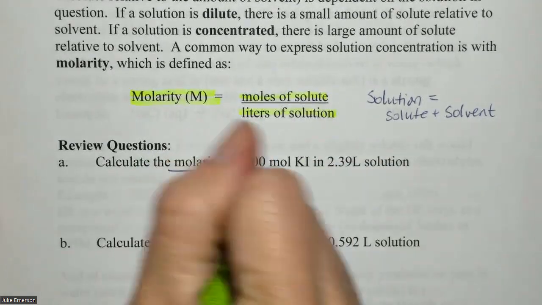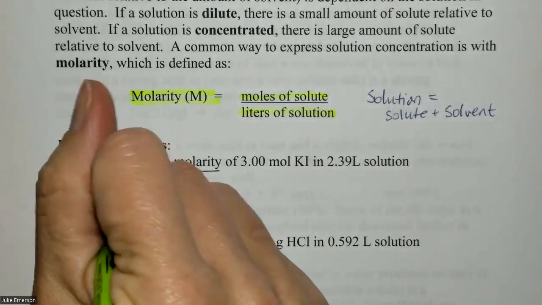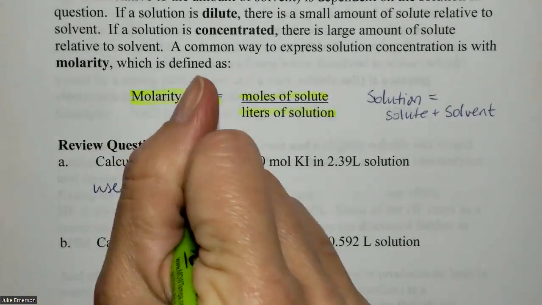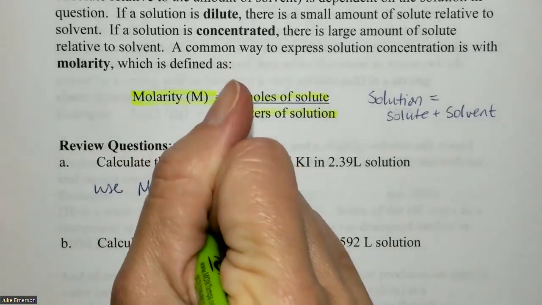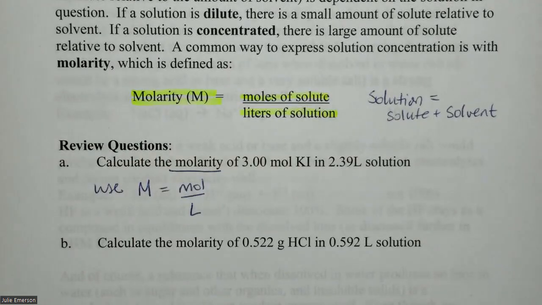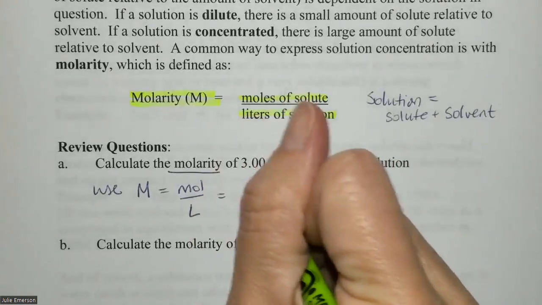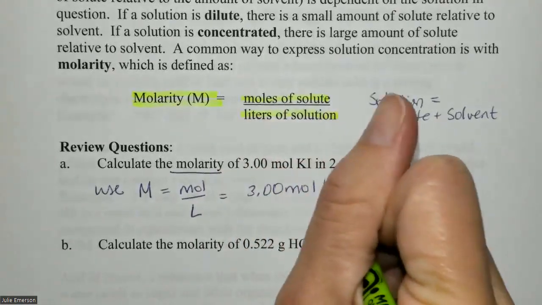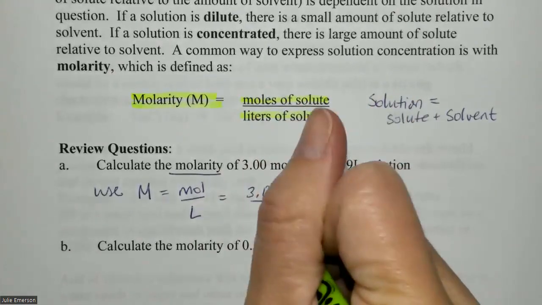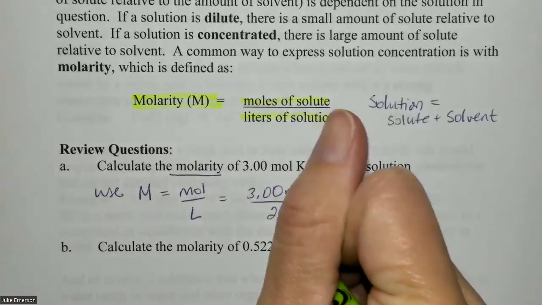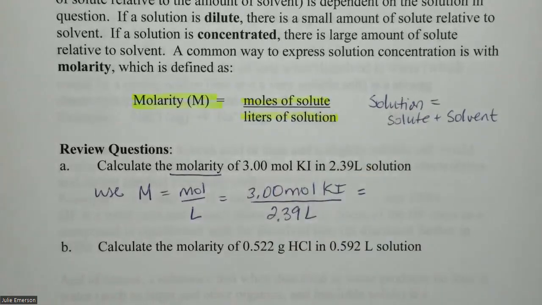So because we want to know what the molarity is, we're going to use molarity equals moles per liter or volume, right? But we definitely have to have it in liters in the denominator. So this one's really easy. We got 3.00 moles of the potassium iodide in 2.39 liters of the solution. So all we're doing here is basically plugging in and then trying to figure out sig figs, which is 3 for both.